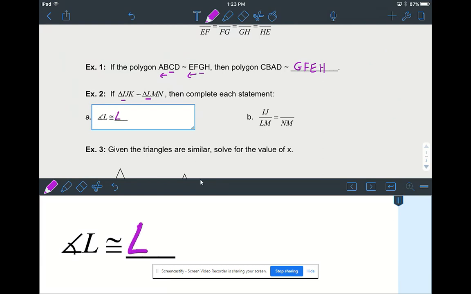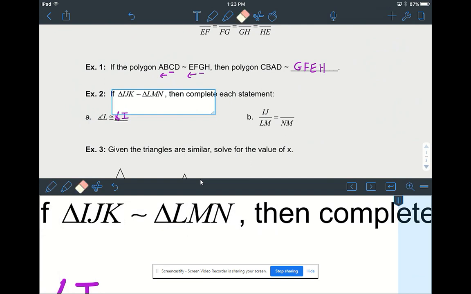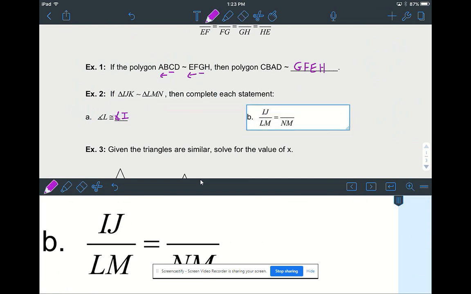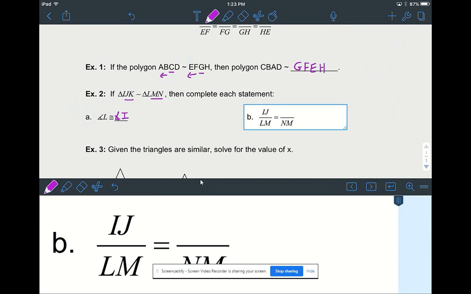So that would be angle I. And part B, same thing goes for sides. So if IJ corresponds to LM, then NM would correspond to KJ. Has to go in the same order, same sides. Alrighty?